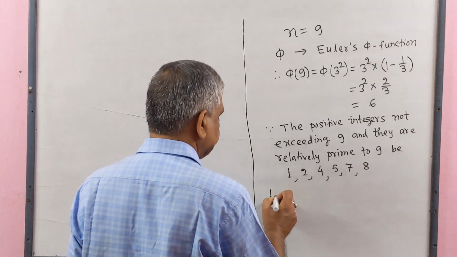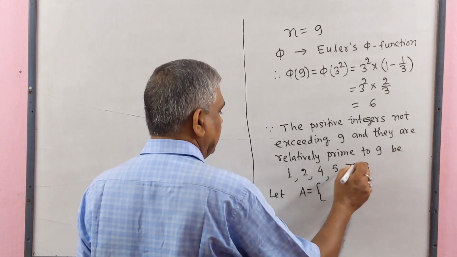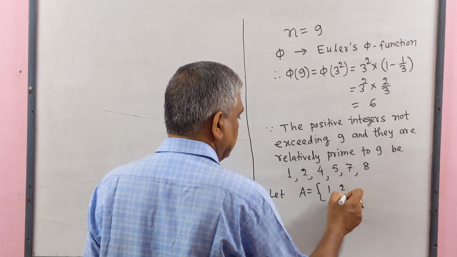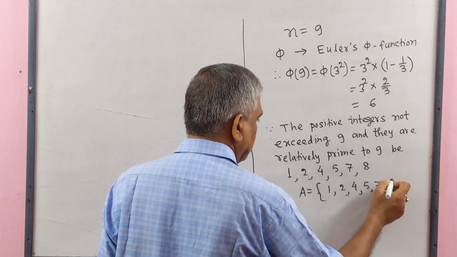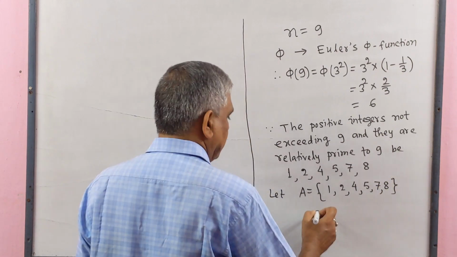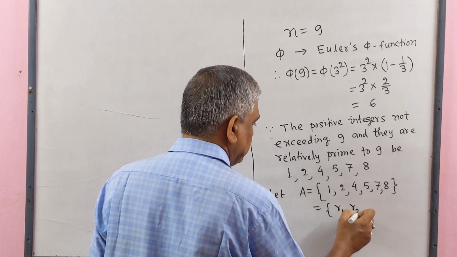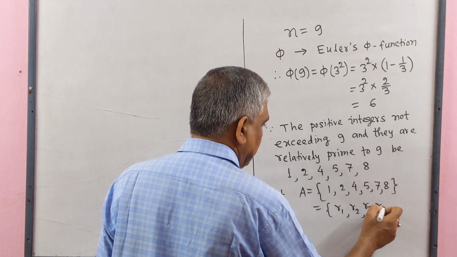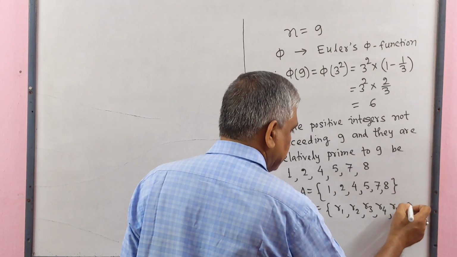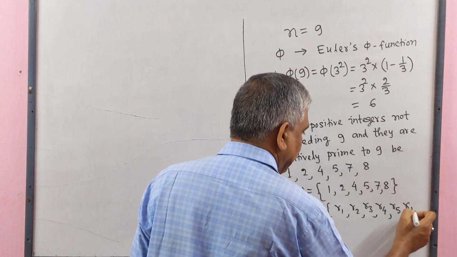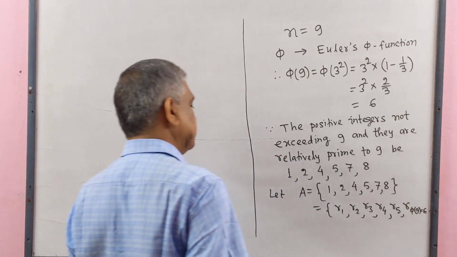Let A be a set containing these integers. Let us denote these as R1, R2, R3, R4, R5 and R6, meaning R phi 9, that is R6.